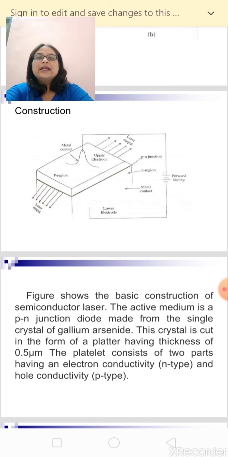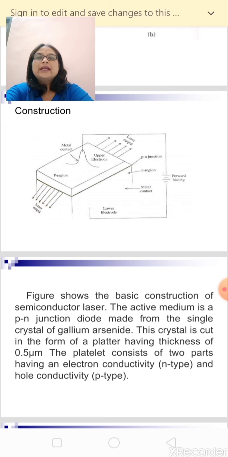This crystal is cut in the form of a thin film or thin platelet having a very small thickness, that is 0.5 micrometer. The chip consists of two parts having electron conductivity and hole conductivity, that is N type and P type.